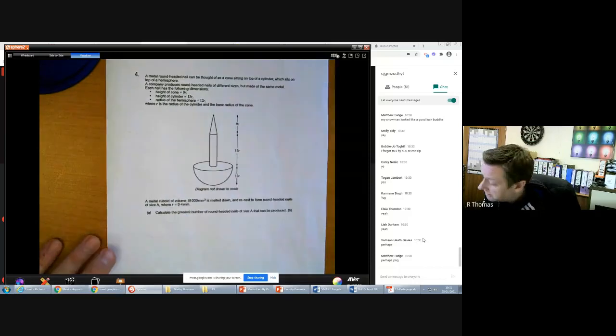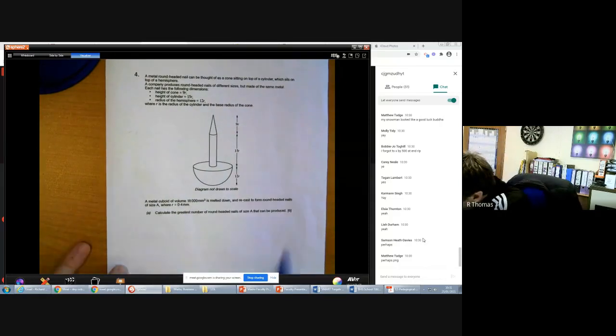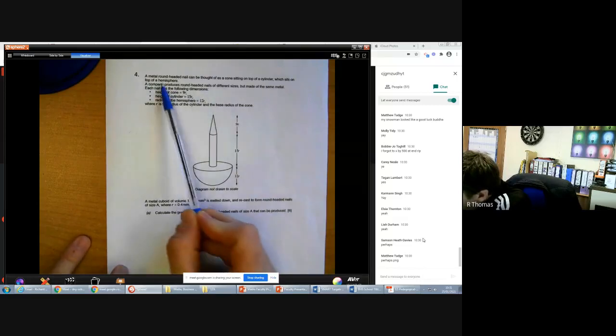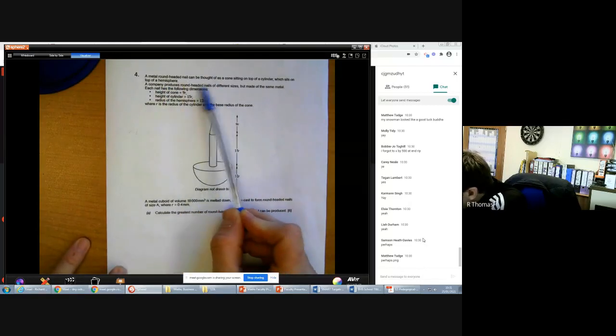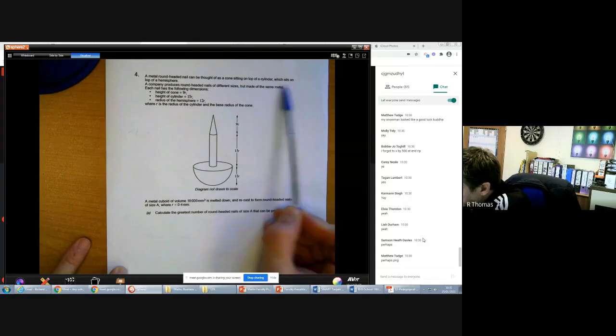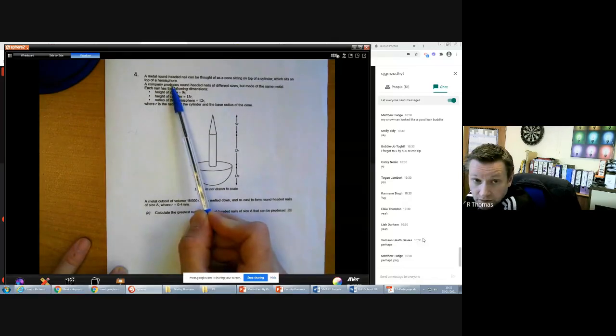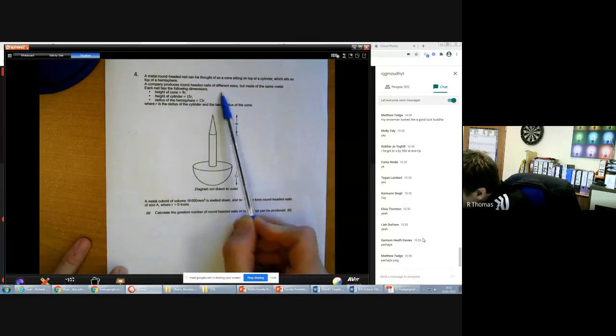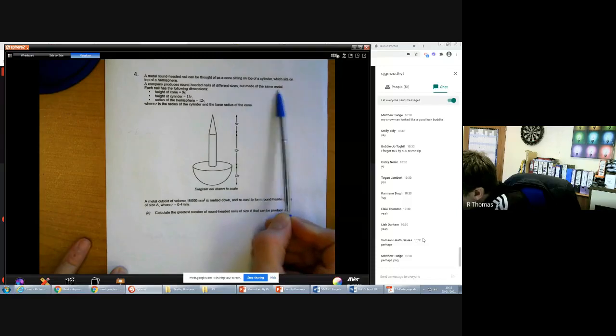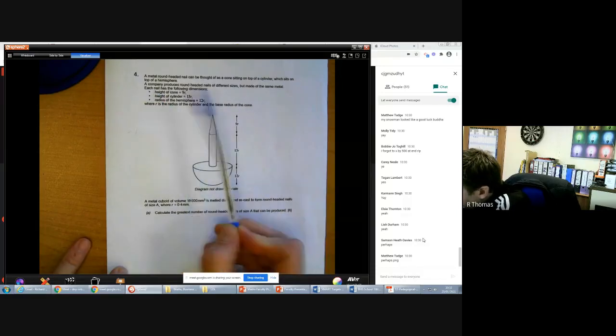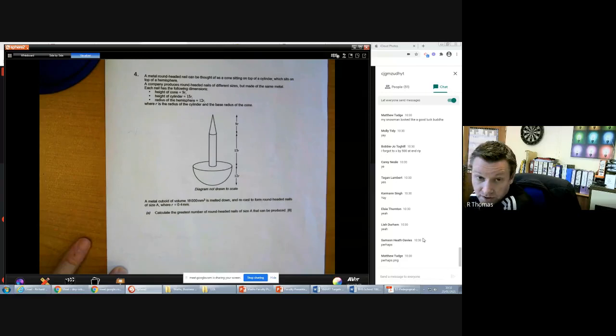A metal round-headed nail can be thought of as a cone sitting on top of a cylinder which sits on top of a hemisphere. The company produces these in different sizes but it's made of the same metal. Each nail has the following dimensions. Right. The height of the cone is 9r.